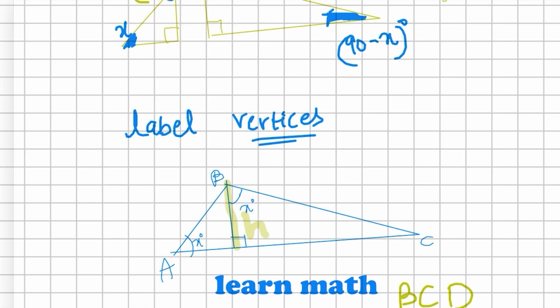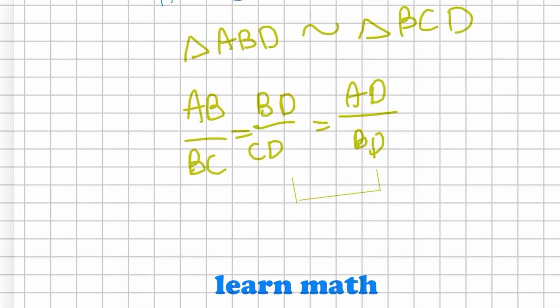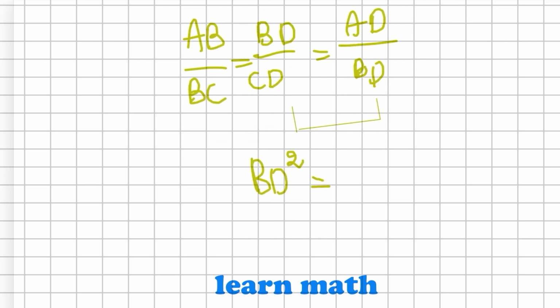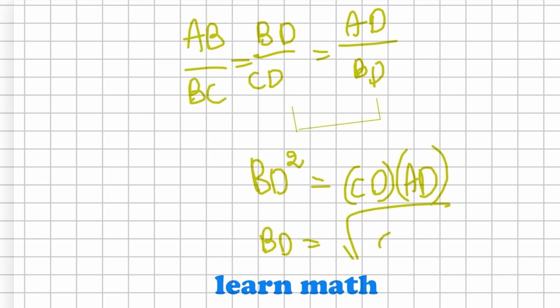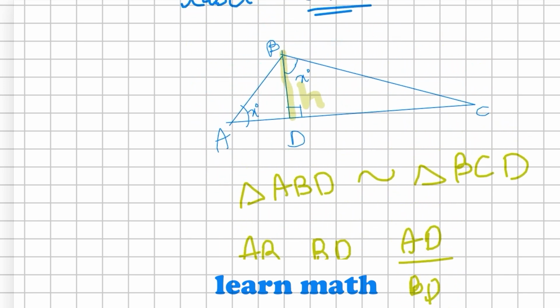So let's compare these two fractions. Cross product: BD squared is equal to CD times AD. So BD is the square root of CD times AD.